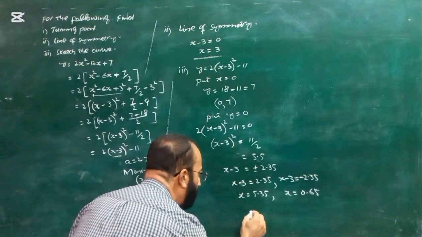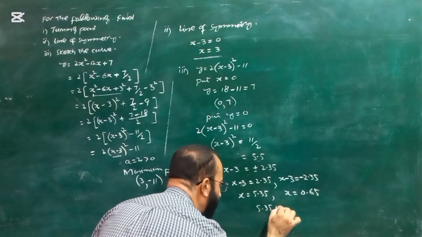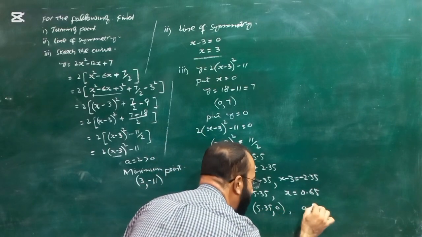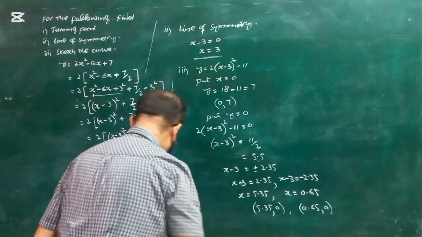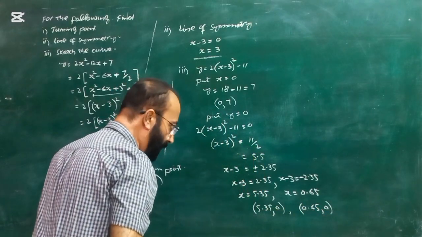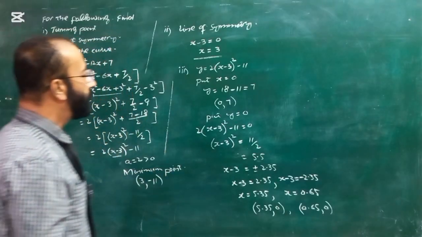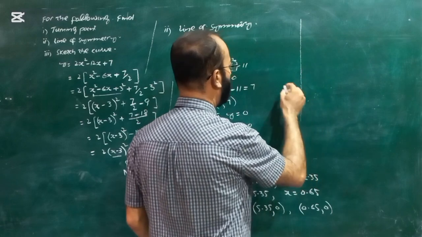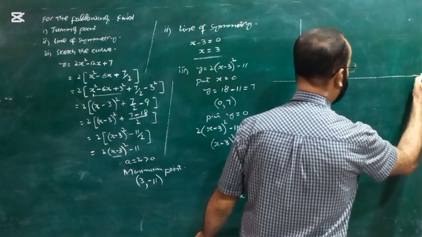So the points are (5.35, 0) and the second point is (0.65, 0). Now the last thing that is required is to sketch the curve, with the x-axis and y-axis.